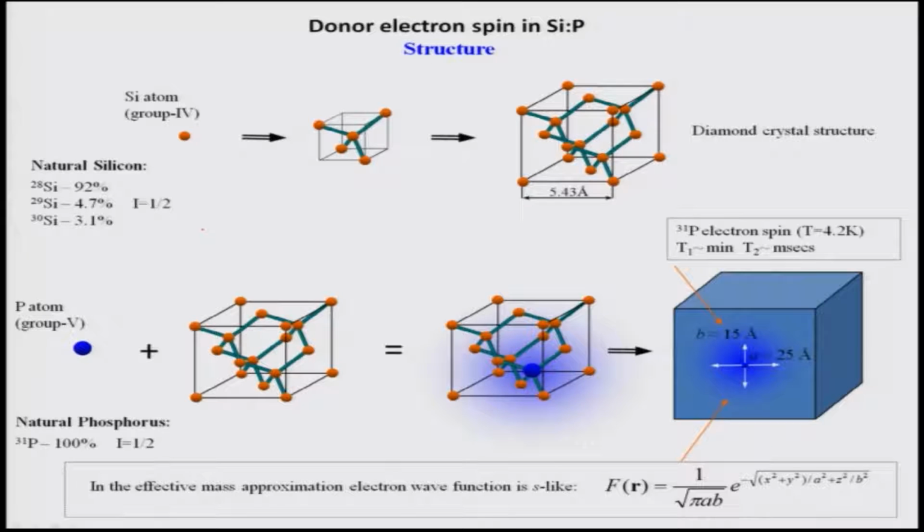The natural phosphorus, which is P31, also has a spin-half system, and the good thing about it is that it is 100% P31.